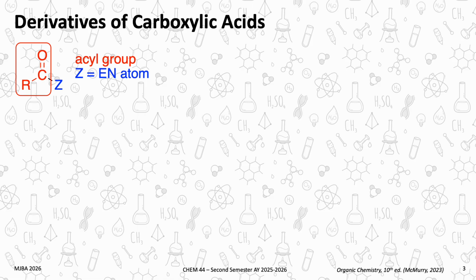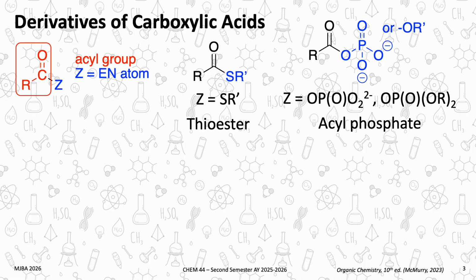There are 2 more derivatives of carboxylic acid, the thioester. It looks like an ester, but instead of oxygen, we replace it with sulfur. And then the acyl phosphate, which looks like an anhydride, but instead of a carbon base, it is a phosphorus base.